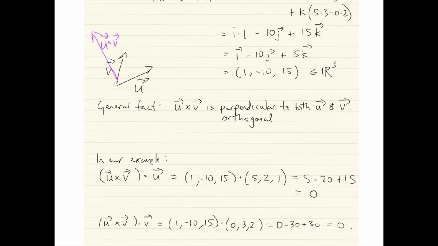I should have written here that two vectors are orthogonal if their dot product is 0, and so that's why what I've computed here is that the dot product of these is 0, and likewise here the dot product is 0.